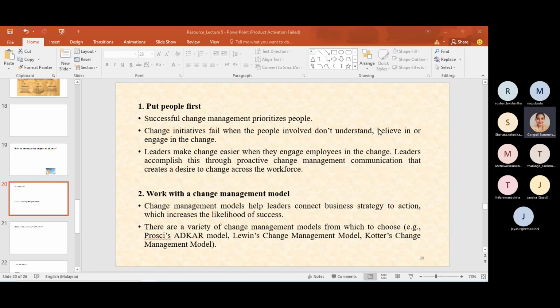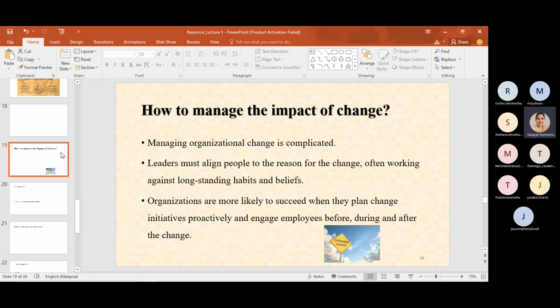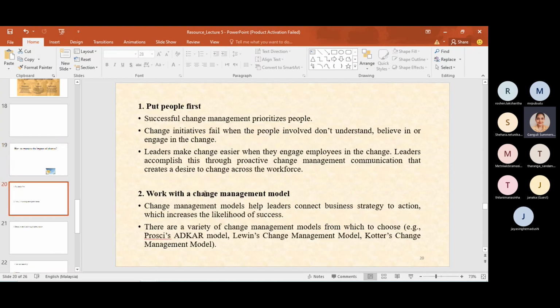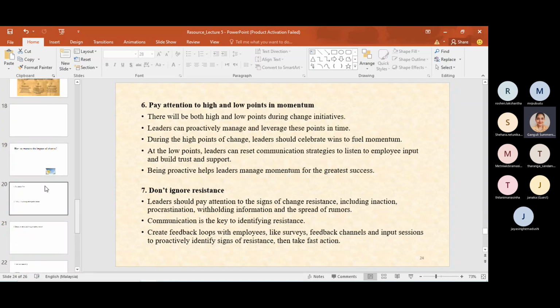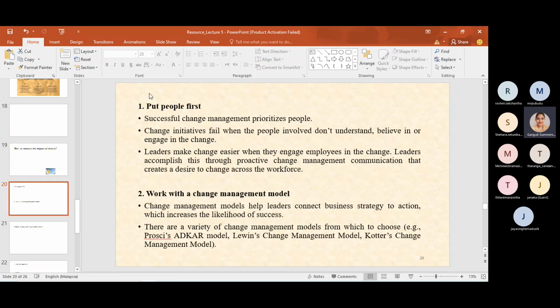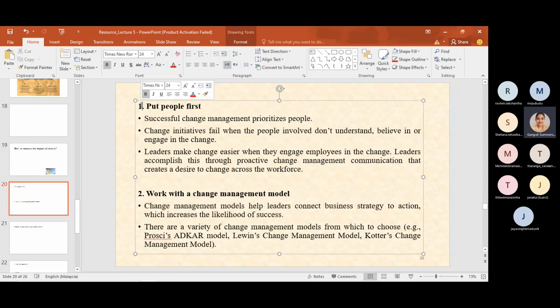All right, so we can start to discuss how the leaders can manage the impact of changes. We will be discussing 7 strategies that you can follow. The first thing is put people first.